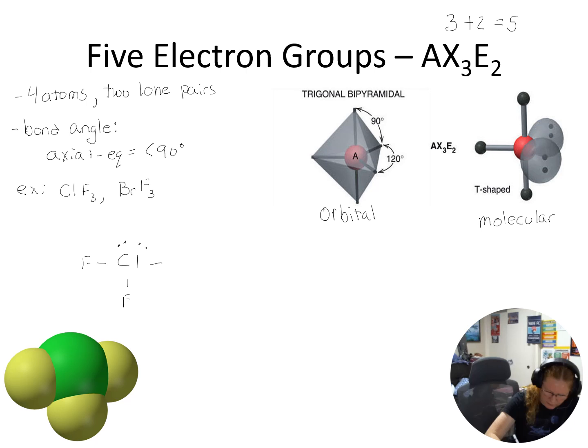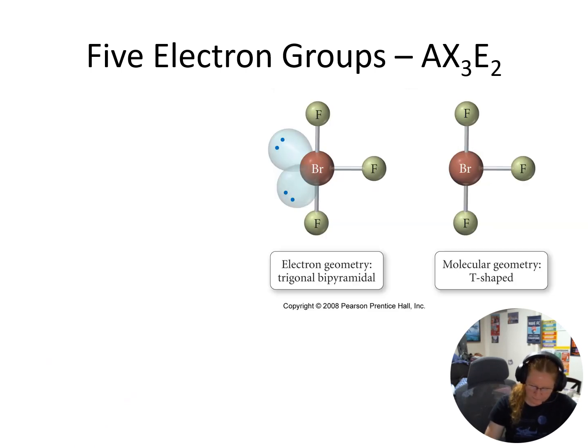You can sort of draw this one looking like a T without worrying about the wedges and the dashes. But let's take a look and let's do a wedge and a dash drawing anyway. Okay, and so again, that molecular geometry is T-shaped because if you turn it on the other side.